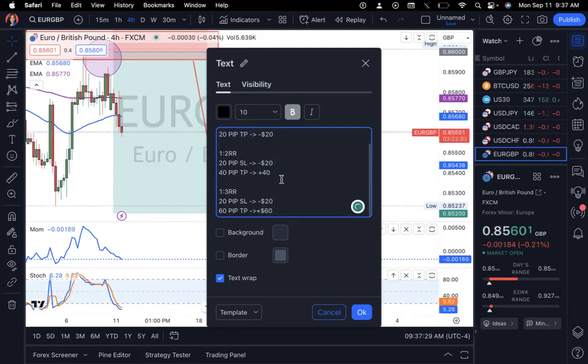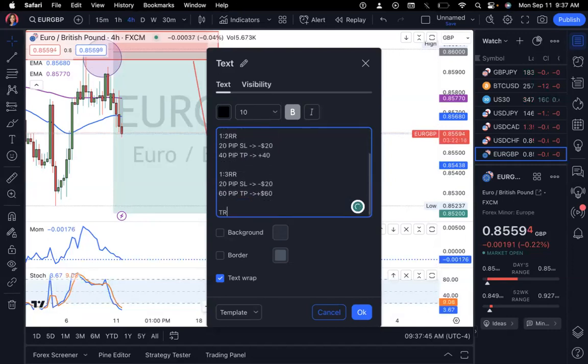Now, the reason why risk to reward ratio is so important is because even if you lose more trades than you win, if your risks are managed appropriately, you can still walk away with a pretty positive trading week. So let's just say, for example, these were the trades that we took within a week, and we're going to see what we could walk away with at the end of the week.